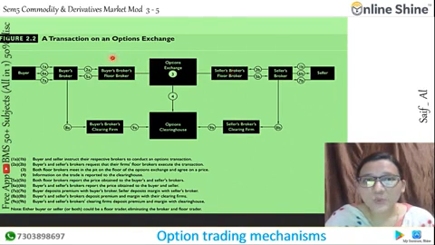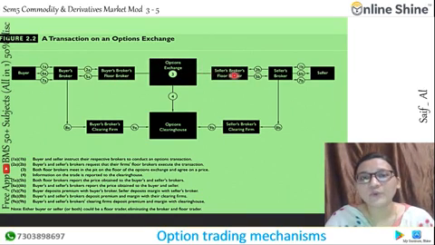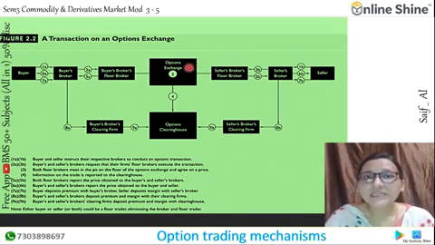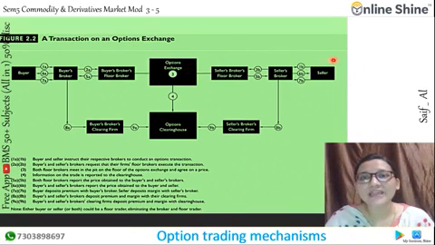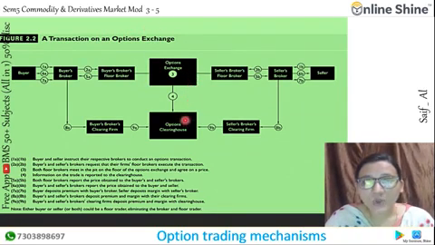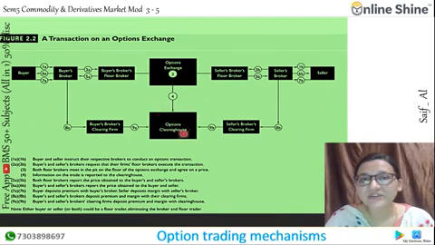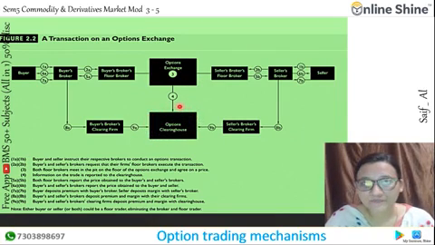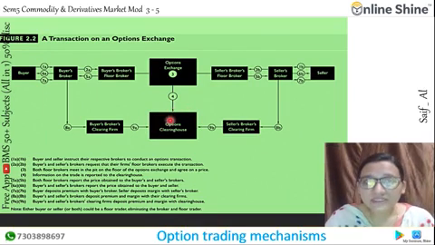Now both firms go to the option exchange. The buyer floor broker and the seller floor broker meet in the bid of the option exchange and fix the price of the option. Now they inform the option clearing house that they have traded the option, and after that they decided the price.